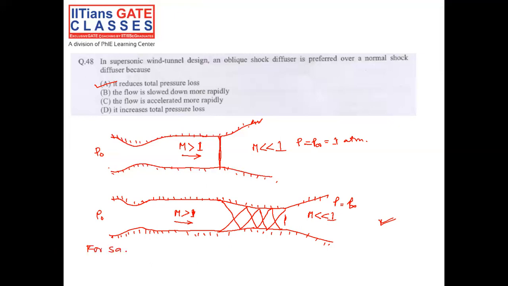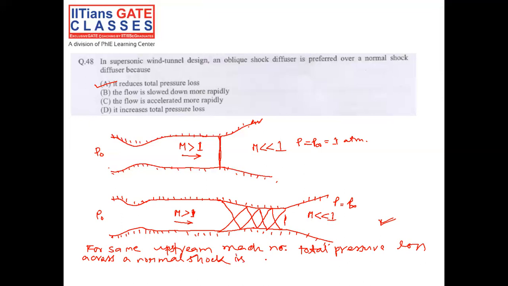And for the same upstream Mach number, total pressure loss across a normal shock is always higher compared to that across a series of oblique shocks with a terminating normal shock.